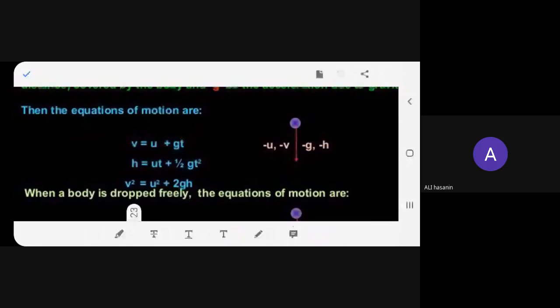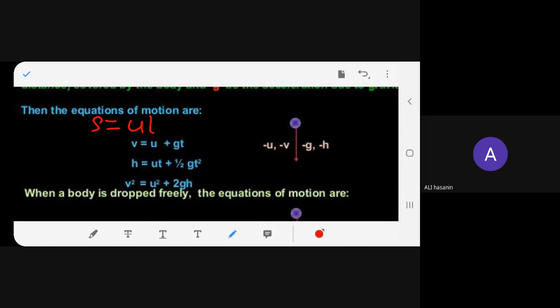The other one is s is equal to ut plus half at square. You agree?